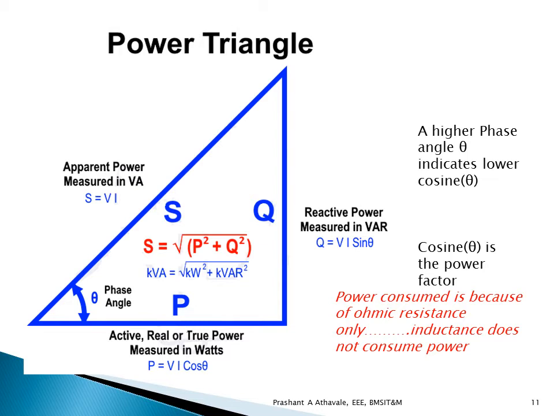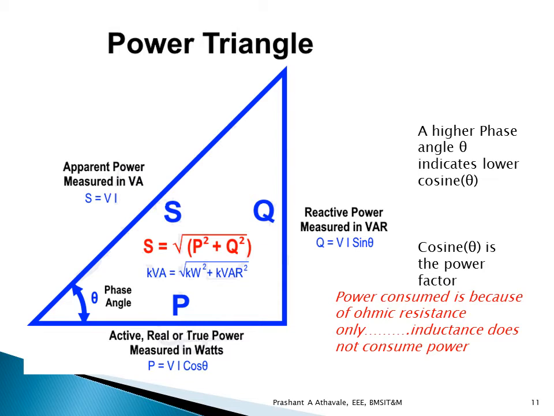On the same lines, if resistance is more prominent, then the real power will be larger and reactive power will be smaller. You can imagine such a power triangle where Q is small and P is longer. In that case, theta will be closer to zero. It may not be exactly zero; it will be exactly zero only if it is a purely resistive circuit.